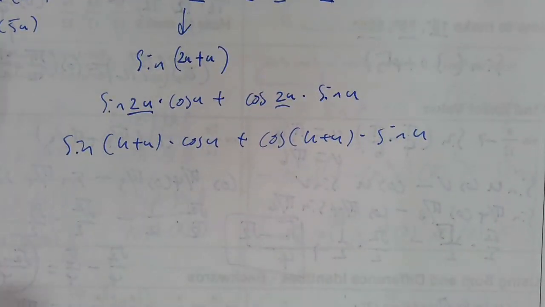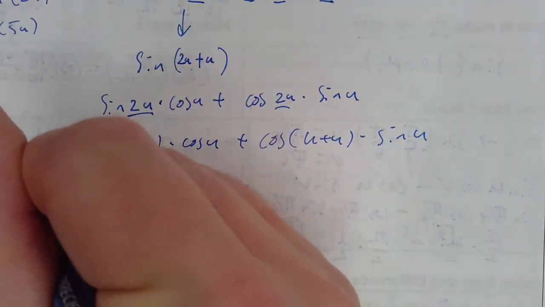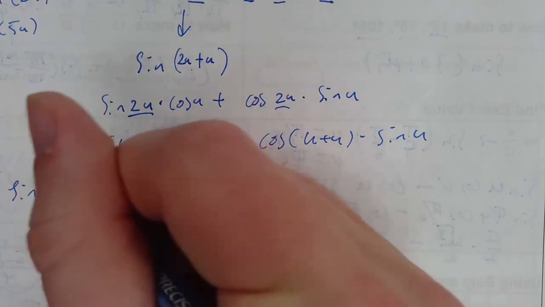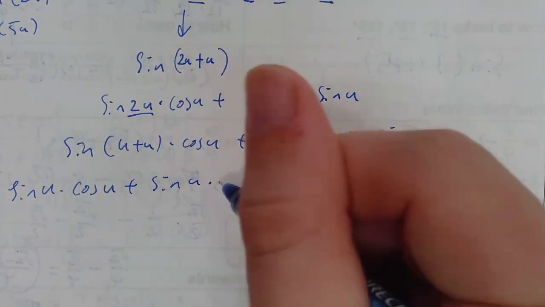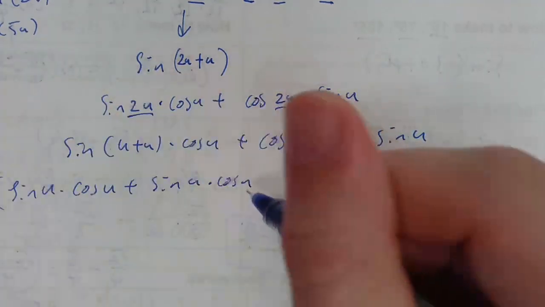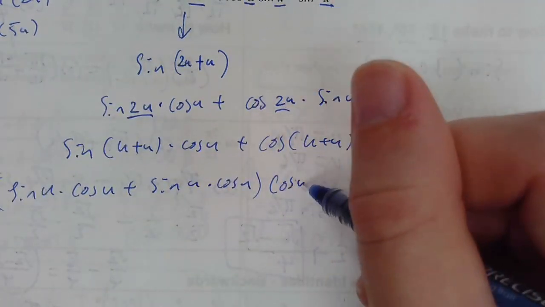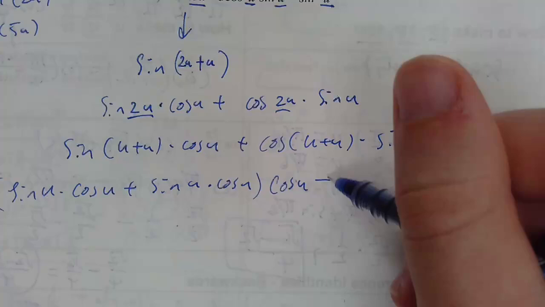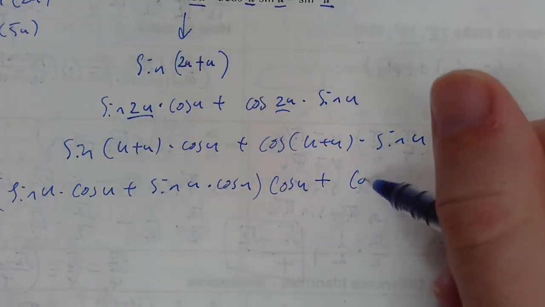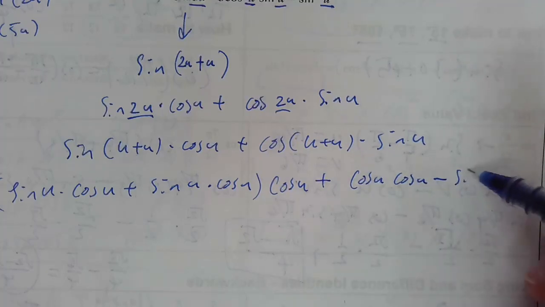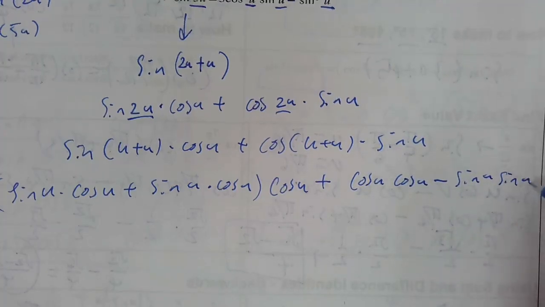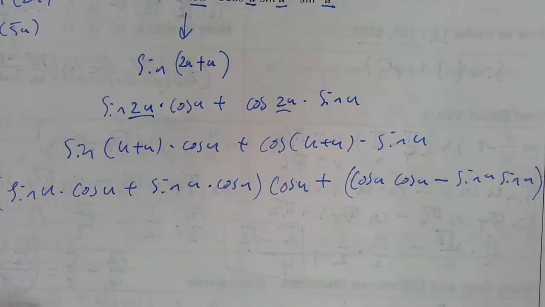So sine of u plus u will be sine u times cosine u plus sine u times cosine u, all of that times cosine u, plus, and then we have the cosine version, cosine u minus sine u, all of that times sine u.